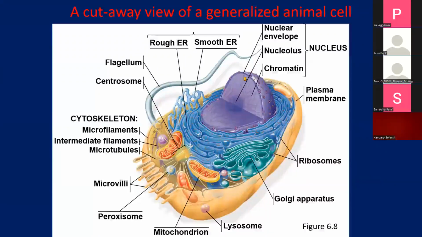A lot of biosynthesis happens in the endoplasmic reticulum. After biosynthesis, let's say a protein molecule has to be transported to its particular place. How is it going to get transported? Next to the endoplasmic reticulum, you have the Golgi apparatus.